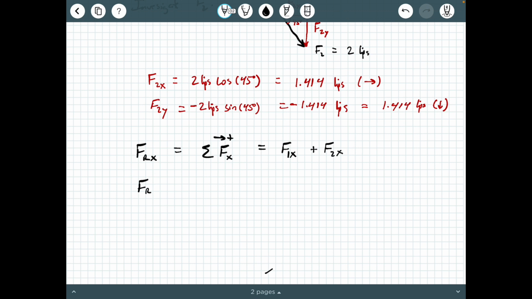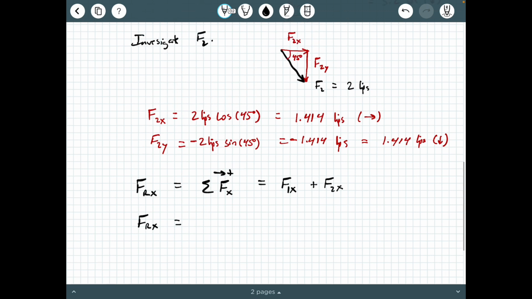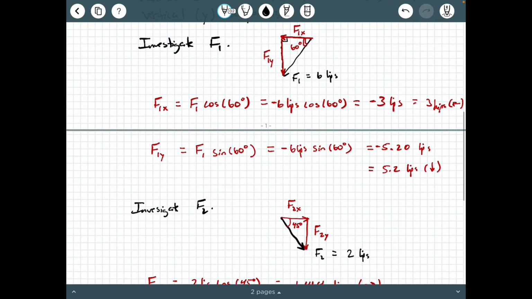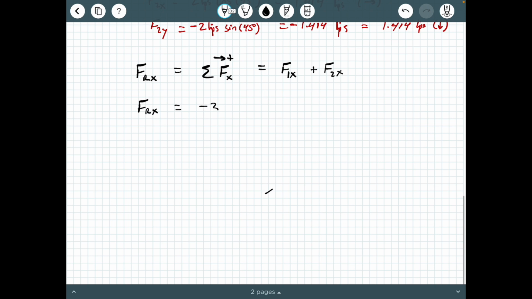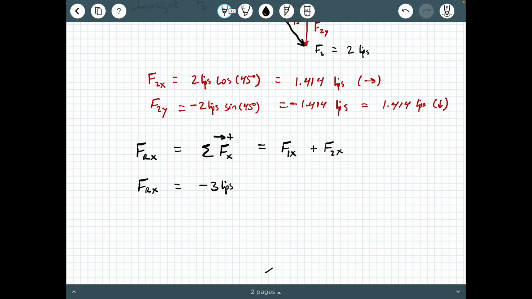So being very mathematically proper and going one step at a time, F1x, if I scroll on up, was -3 kips. So we're going to say -3 kips. And again, that negative indicates it was pointing to the left. And F2x is going to be plus 1.414 kips. So what do we get here?